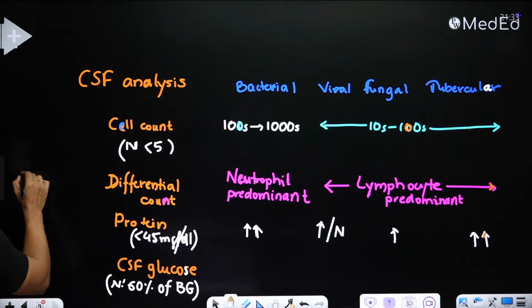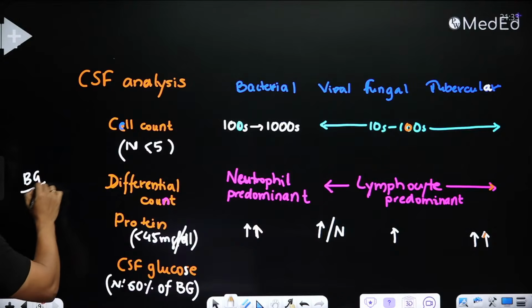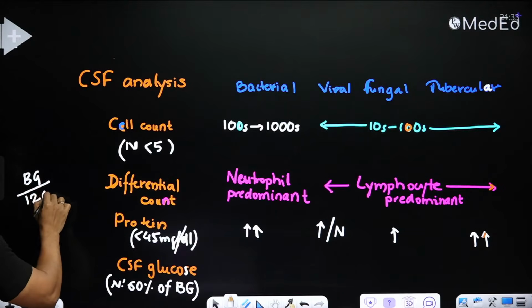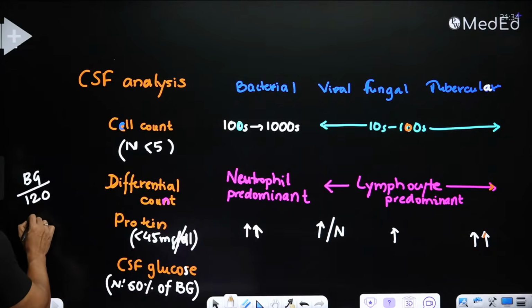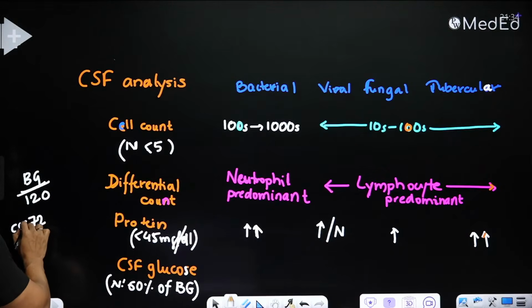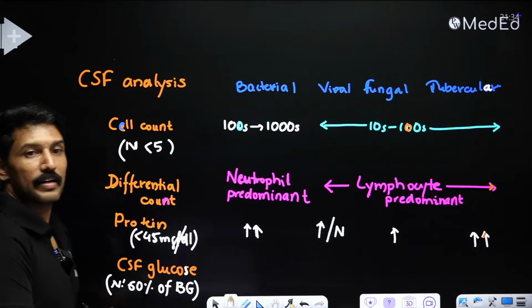So let us say that I am dealing with a person whose blood glucose is 120 milligrams per deciliter. So what should be the CSF glucose? It is roughly 60%. When it is less than 60%, you can say it is low. 60% of this is the minimum CSF glucose that I want to see. So 60% of 120 is 72. So for CSF, the normal for this individual is 72.